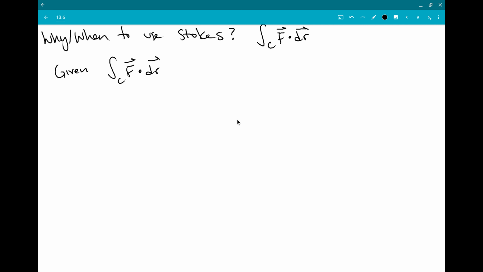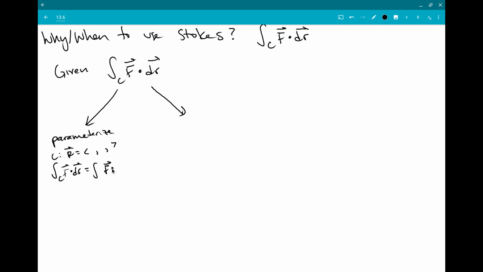So given a line integral problem previously, you would have had two options. You could have parameterized C with some kind of vector, and then converted it into a 1D integral, F dot r prime dt.